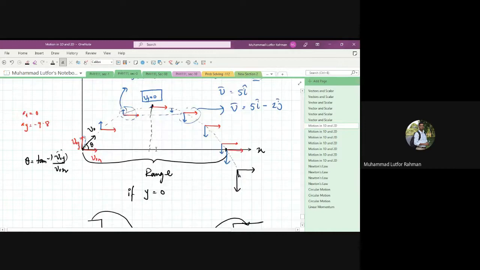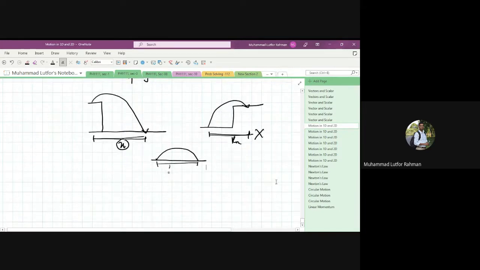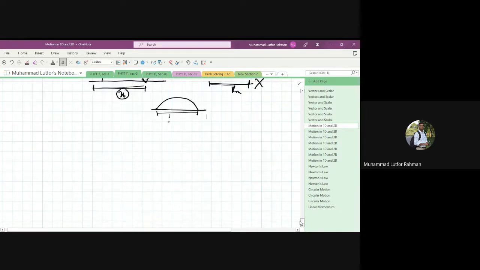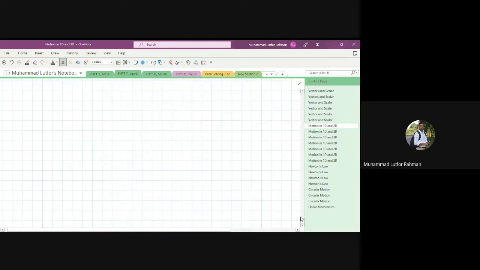Now fine. Using that characteristic, I'm going to find that formula. I'm not going to recommend that you remember that formula. You can find it using that idea, if you just know the equation. So first, I'm going to write the equation of motion x equals x naught plus v naught x t plus half a x t squared.